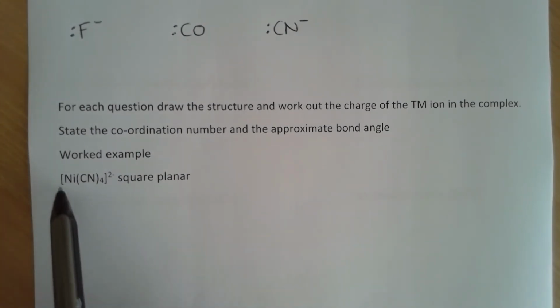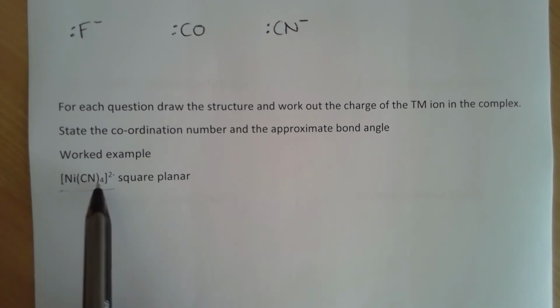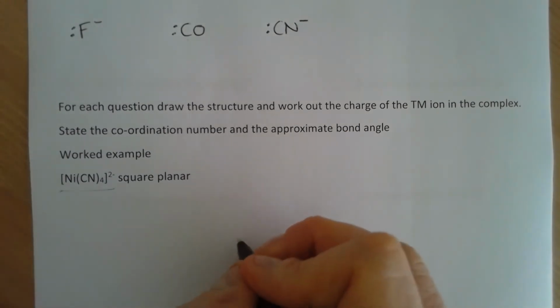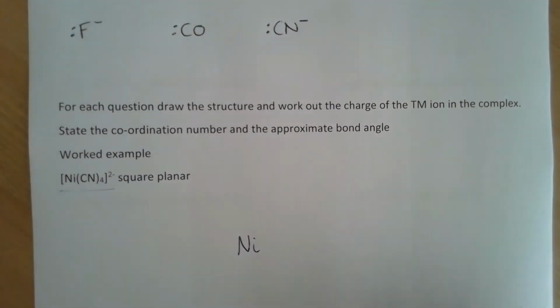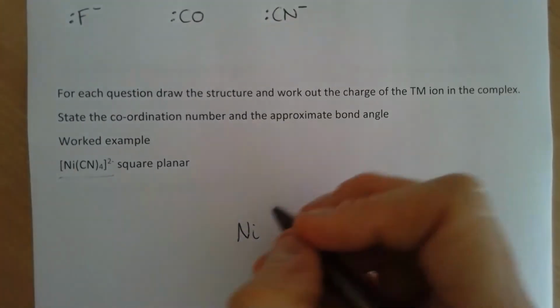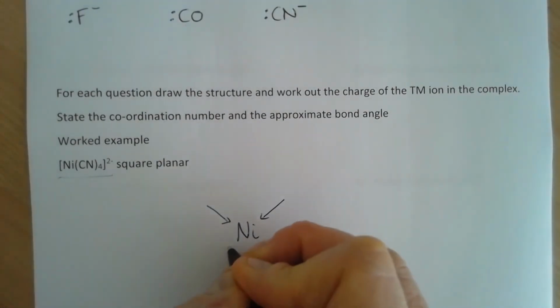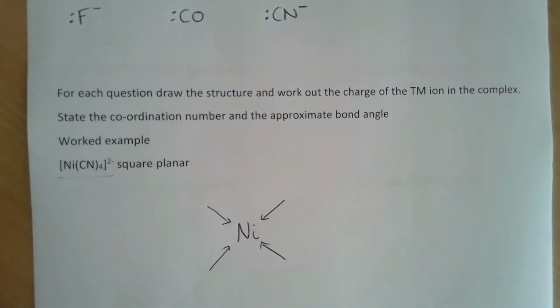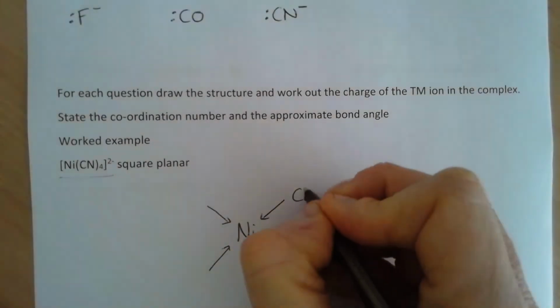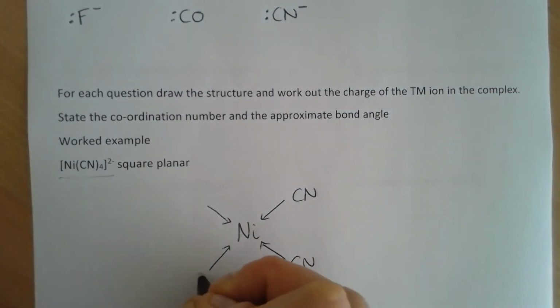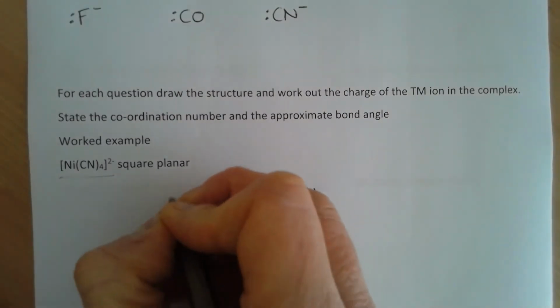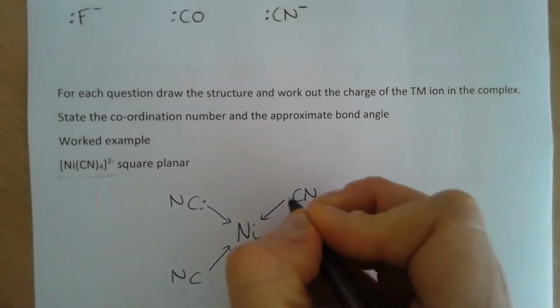So here is our complex, Ni(CN)4 2-, and we're told that it is a square planar complex. I'm going to put a nickel atom in the middle, and I'll work out the charge in a minute. I know it's square planar, so I'm going to draw this geometry, using a cyanide ligand.